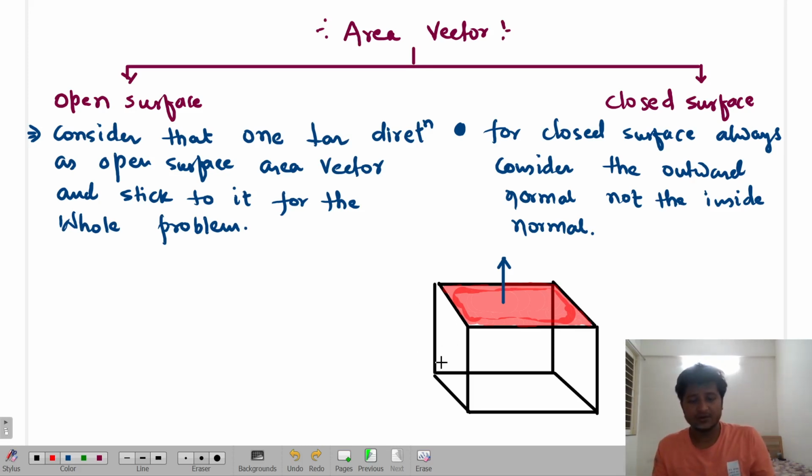Even for this face I have the outward normal and inside normal. I'll not include the inside normal, but I'll include the outside normal. Are you able to get me or not?